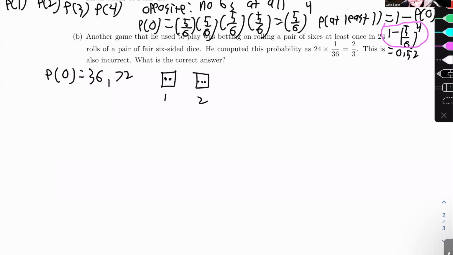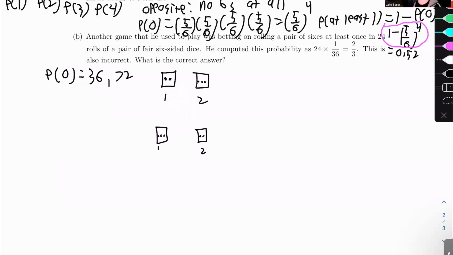Now, let's say we do the same thing again, and we roll a 3 and then a 2. This is dice 1, this is dice 2. Are these two different rolls? The answer is no.